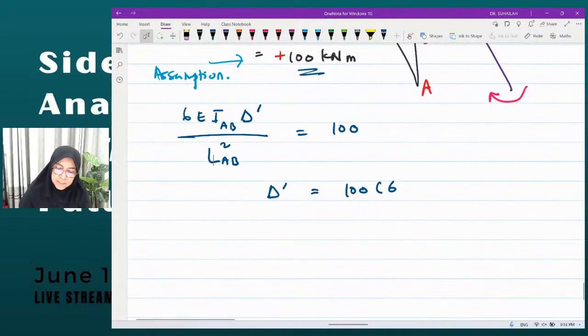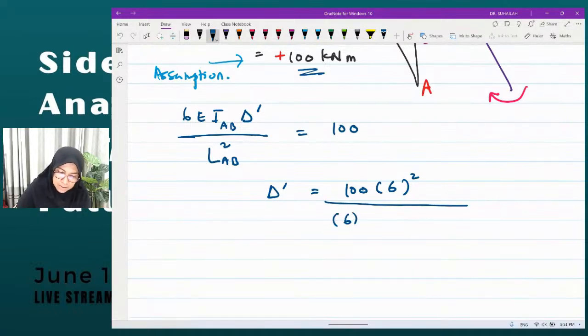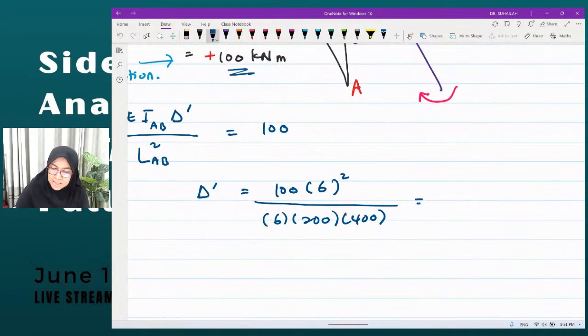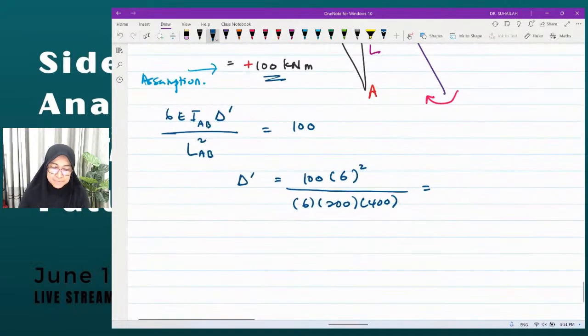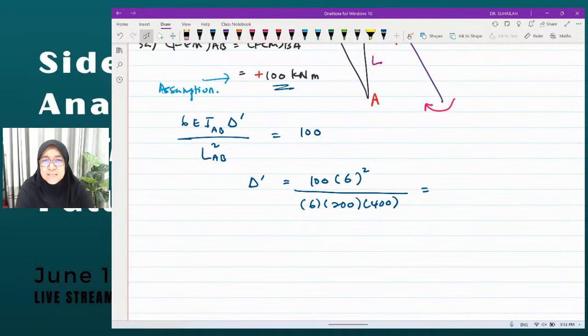So it is 100 times L squared, 6, divided by 6 times E 200 times IAB, which is 400. So what is the answer for delta prime? 100 times 6 squared divided by 6, 200 and 400.